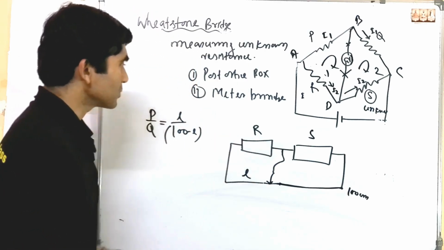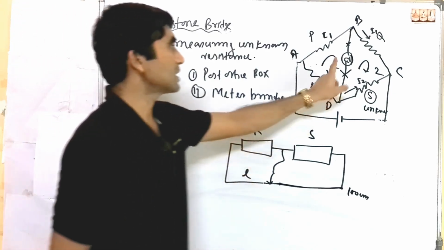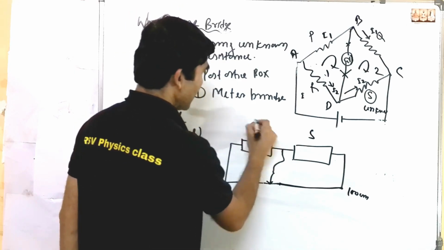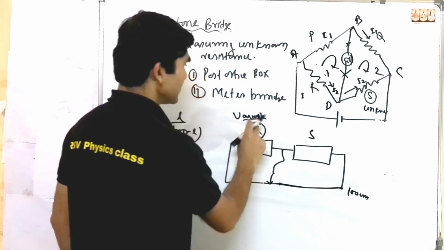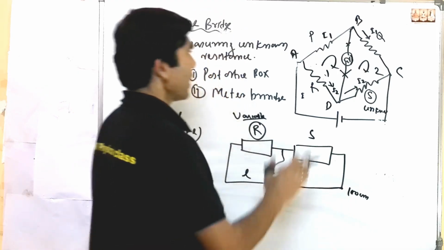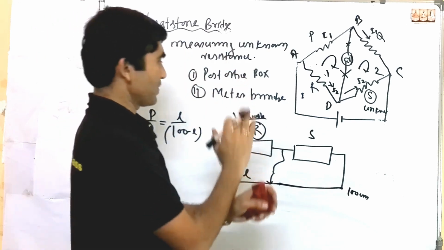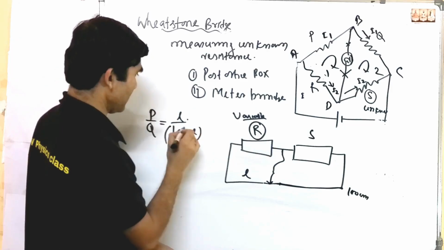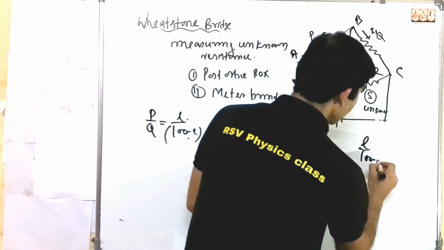Okay, so now varying resistance S, you have to see the deflection. This is the variable resistance here. So by varying this resistance, you will see at this position in which direction the galvanometer deflection is happening. So at some time your ratio is l by 100 minus l.